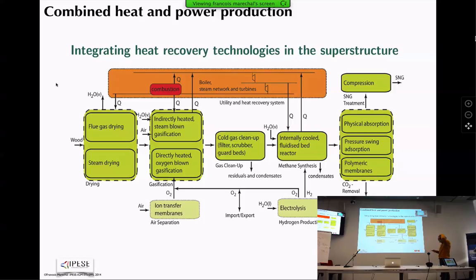I'm just showing one example here. I can also have additional ways of using the electricity, for example by doing electrolysis, which would allow me to add hydrogen here and to reuse the oxygen for the gasification. So again it's a really integrated approach for the whole system.